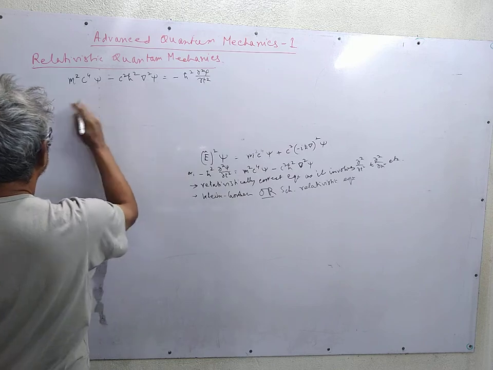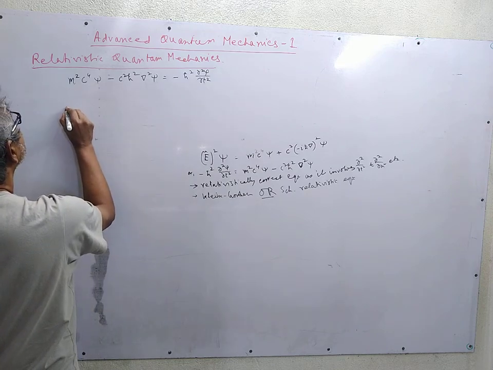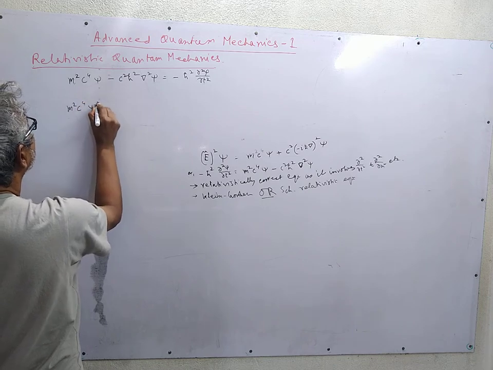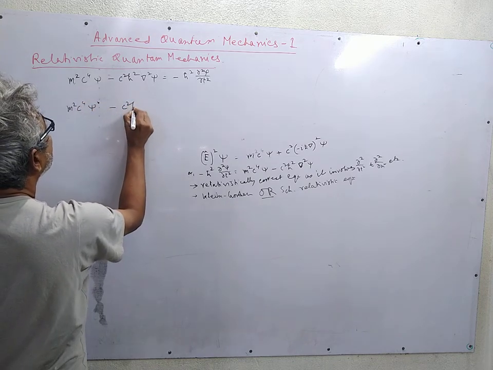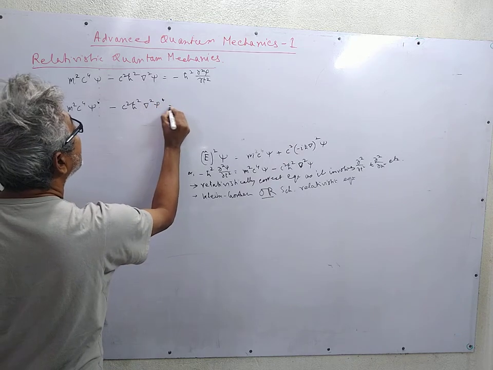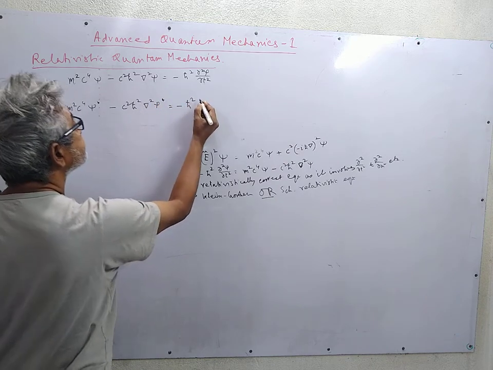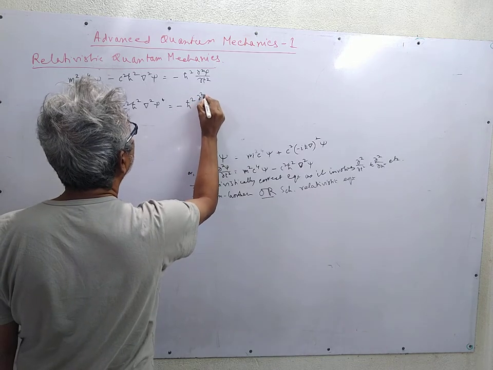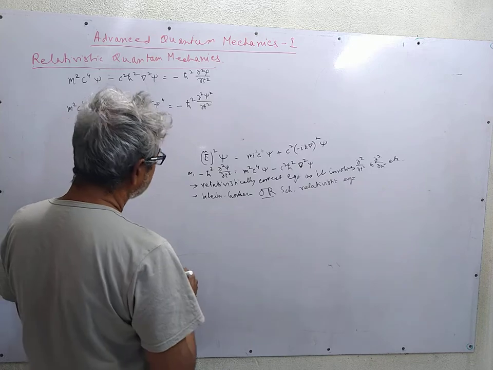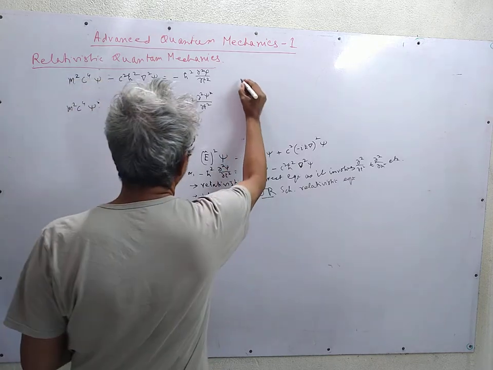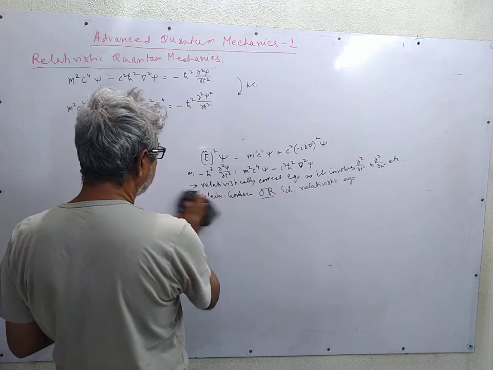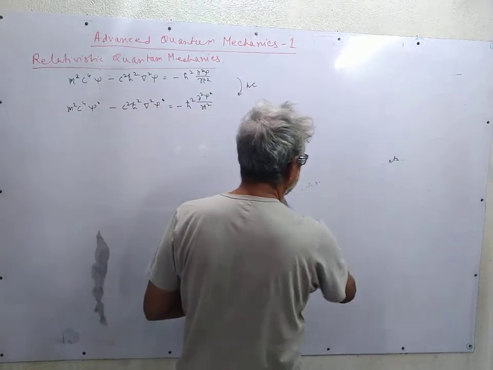The Hermitian conjugate equation is this. This is the Hermitian conjugate of the first equation.